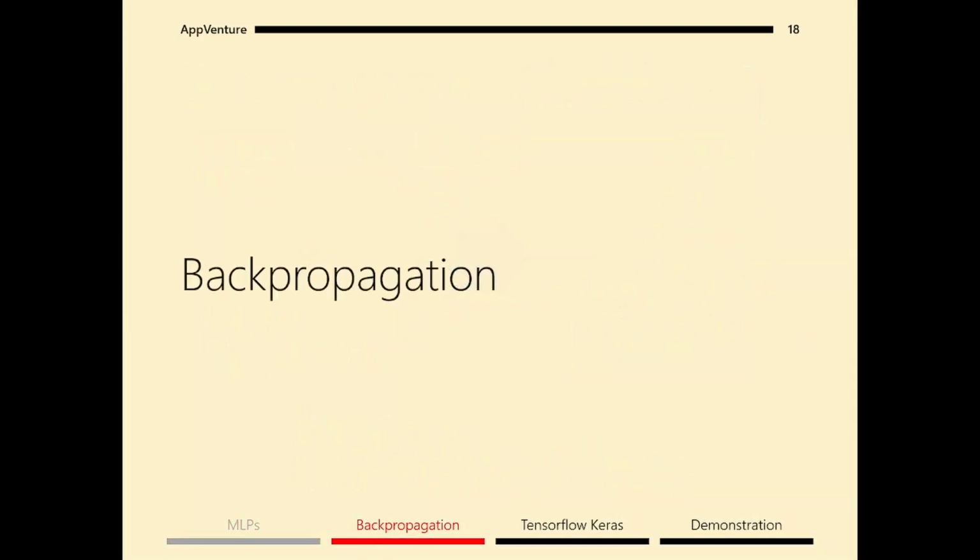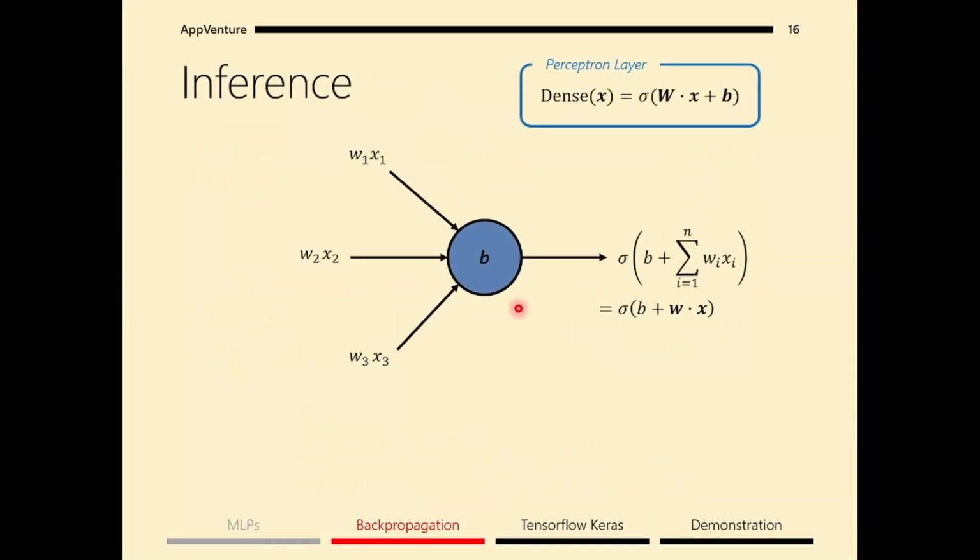So if we go back now, this is what it looks like for a single neuron. You can consider this sum of the weights and the inputs to be a dot product, because we can express the weights W1, W2, and W3 in one vector.